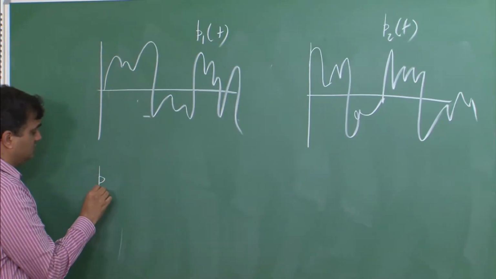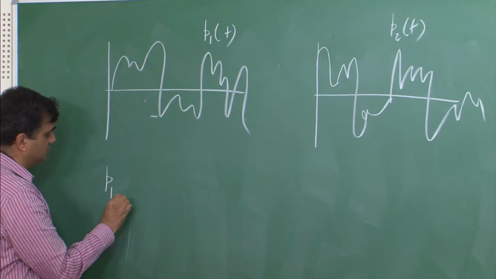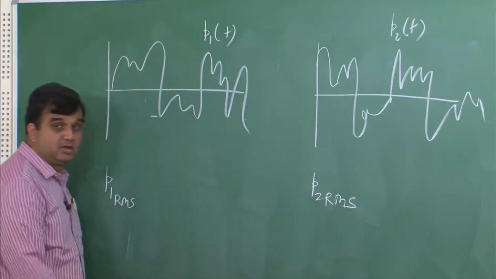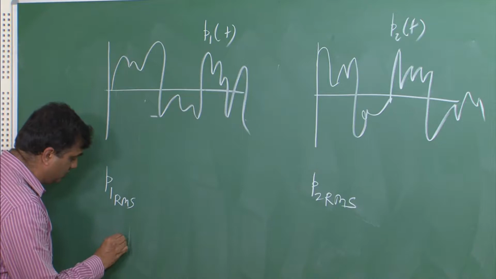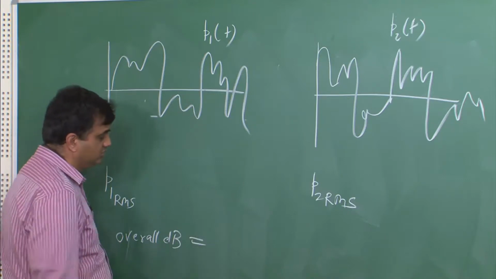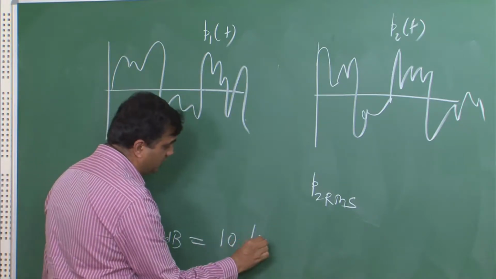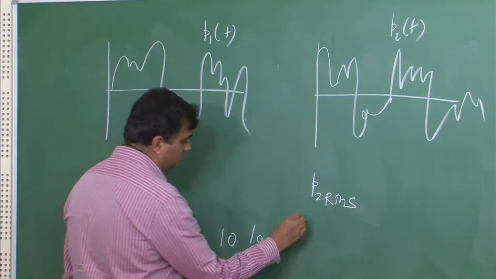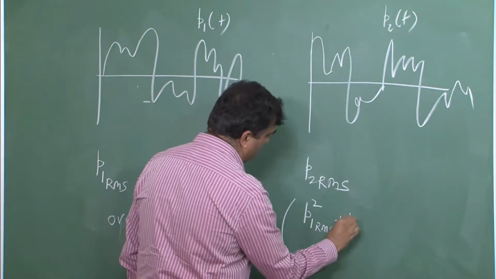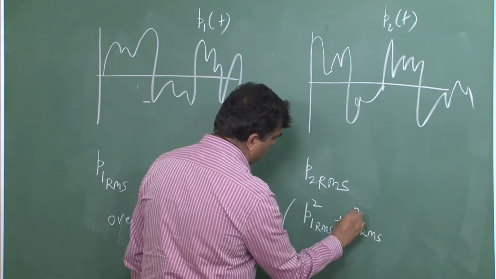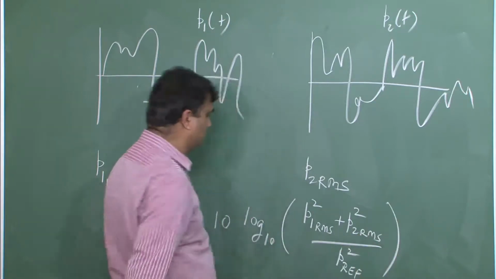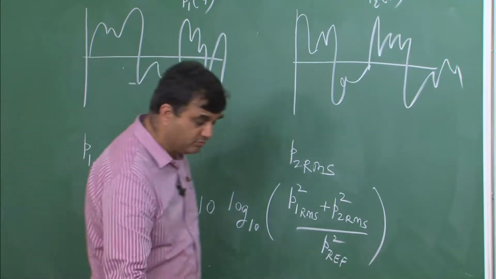So we calculate P1 RMS and we calculate P2 RMS, and then overall dB is equal to, we use the original formula, 10 log10 of the sum of the squared RMS values divided by P ref squared, and this formula is going to give us the overall sound pressure level.